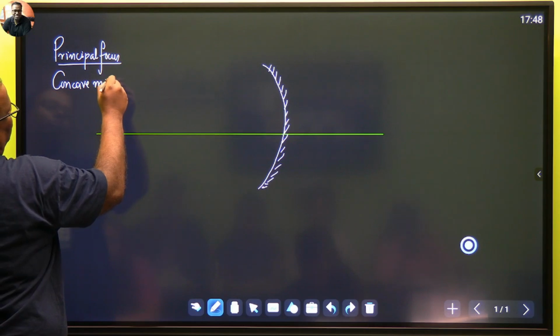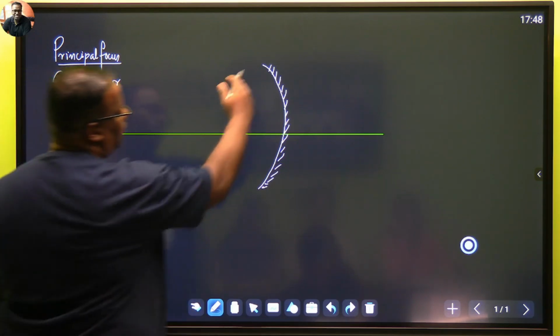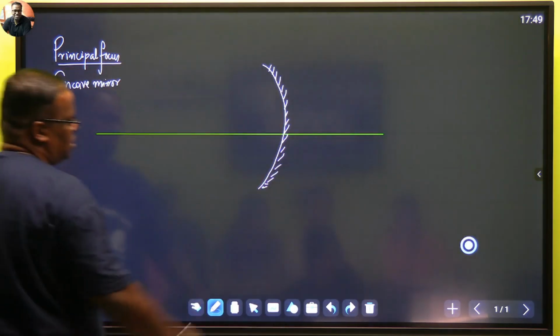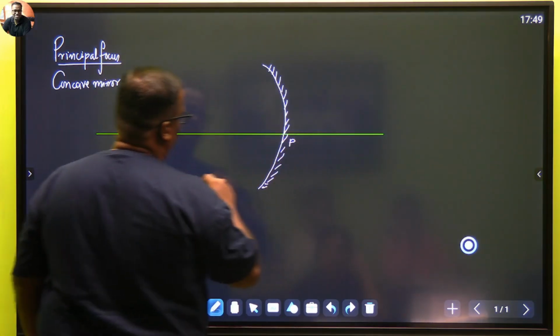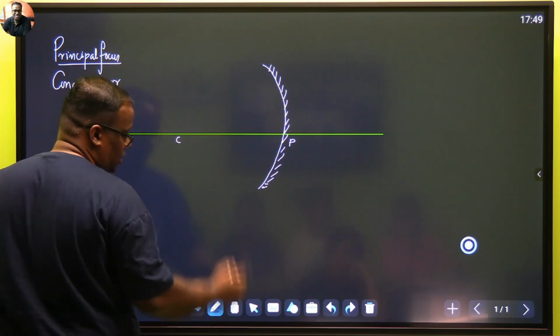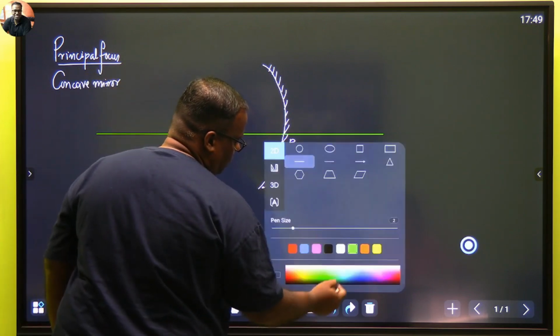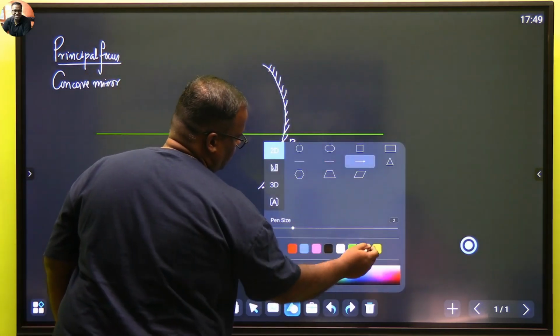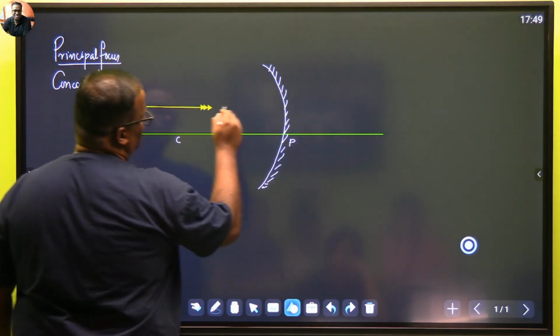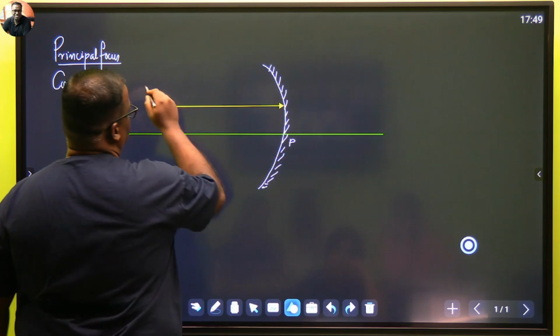The principal focus of a concave mirror. So this is my concave mirror. This is the principal axis. This is my pole, and this is my center of curvature. So let's take a parallel beam of rays, which is parallel to the principal axis, right?